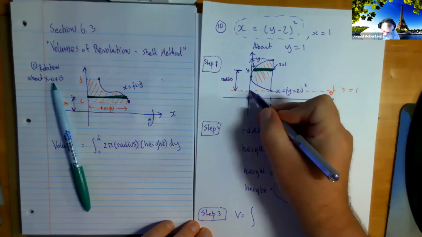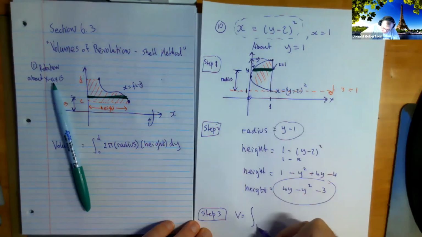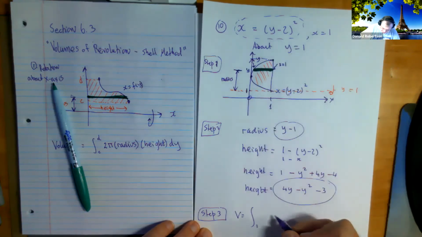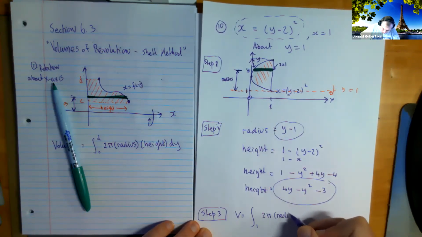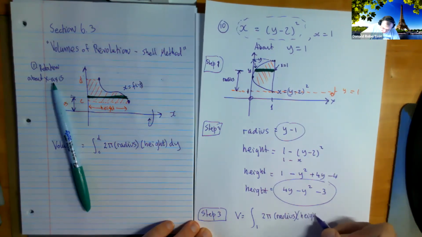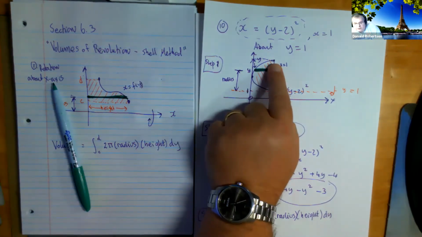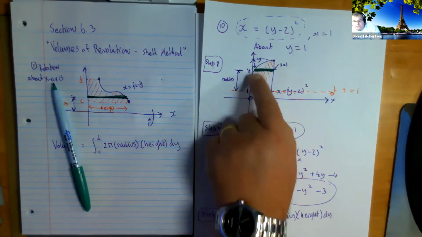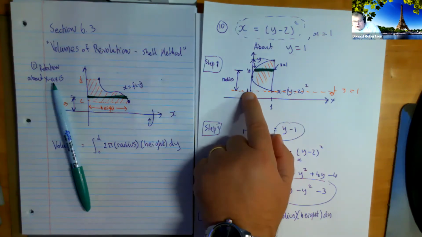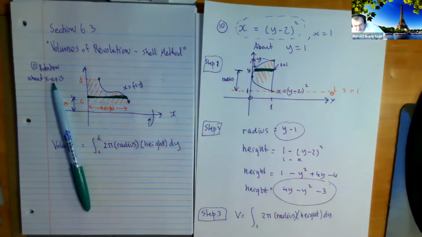Doesn't the y value start at 1 and it finishes at whatever this guy up here is? Then it's going to be 2 pi radius height. I need to know the y coordinate of this point, because the y's go from 1 to whatever this mysterious number is. So how do I find out what that is?